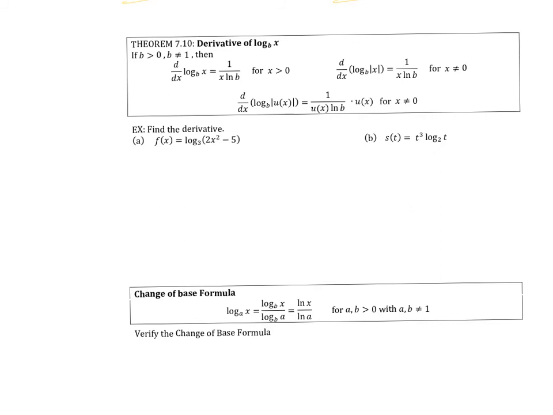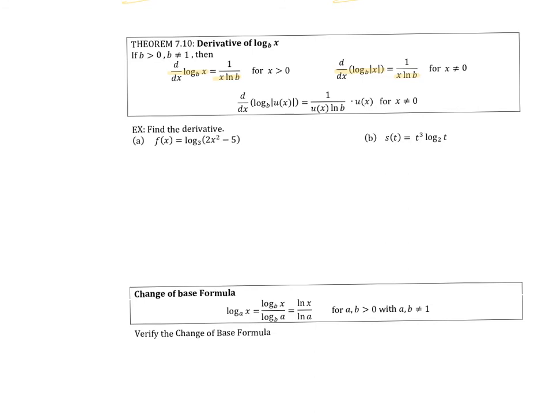So the derivative of a log with any base is going to be 1 over x times the natural log of the base. Okay? And that would be if the argument is greater than or equal to 0. But it turns out that if you take the derivative of any base with absolute values around the argument, we get the same derivative.